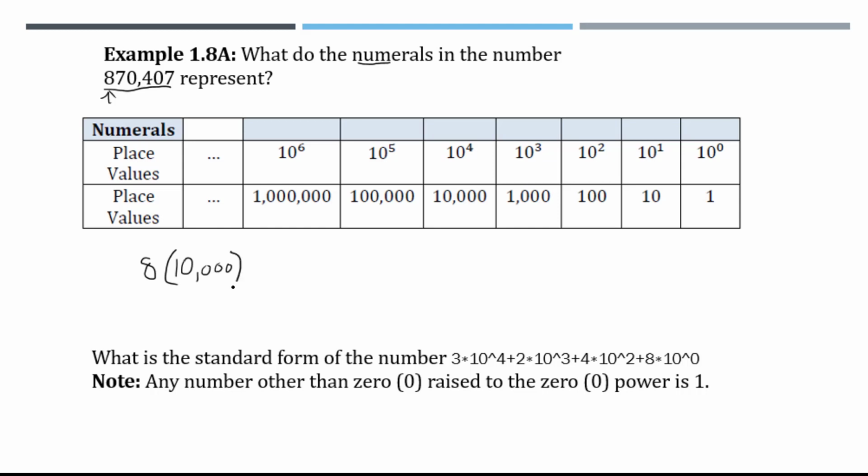A good way to do this is to start from the back. There's a 7 going to go there. A 0 is going to go there. A 4 is going to go there. A 0 is going to go there. A 7 will go there, and an 8 will go there. See, I made a mistake. It's not 8 10,000s.